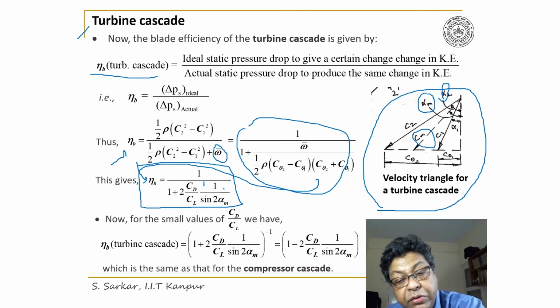That would be equal to 1 minus twice CD by CL into 1 divided by sine twice alpha m.